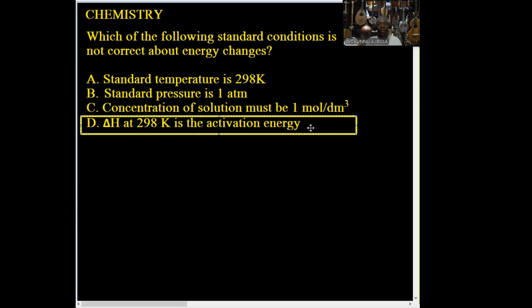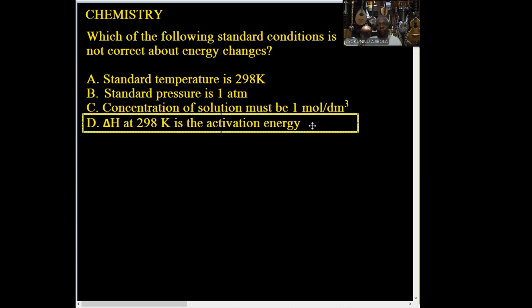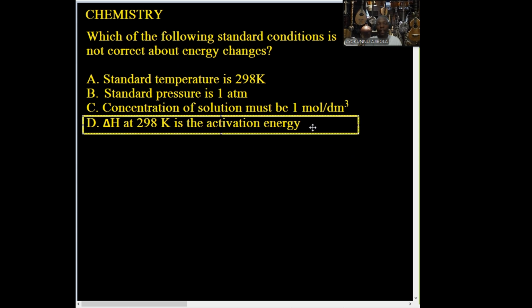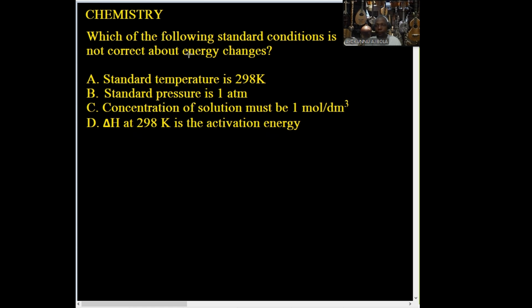Activation energy varies based on which reaction you are referring to. Is that clear? Yes, activation energy varies, so this is the one that is not correct. Is that clear now? Yes, sir.